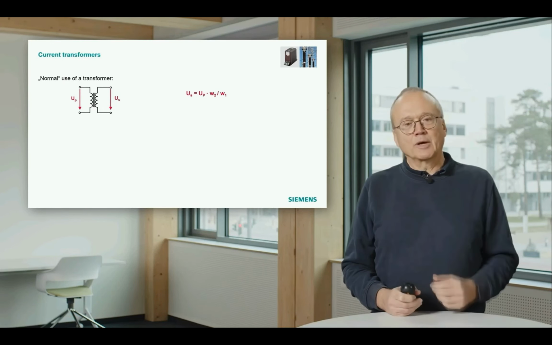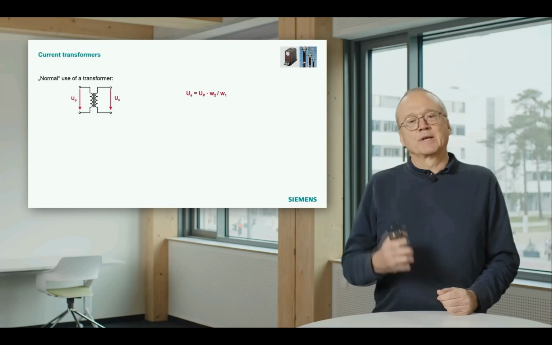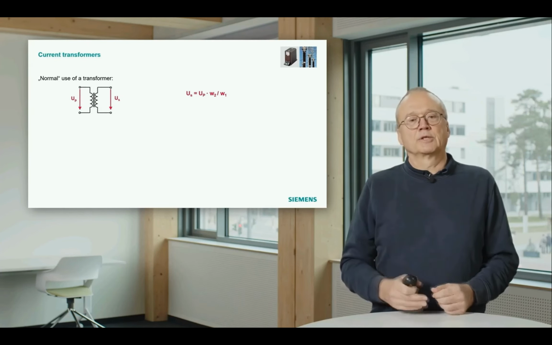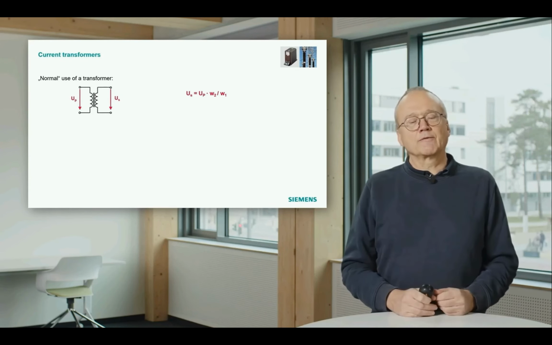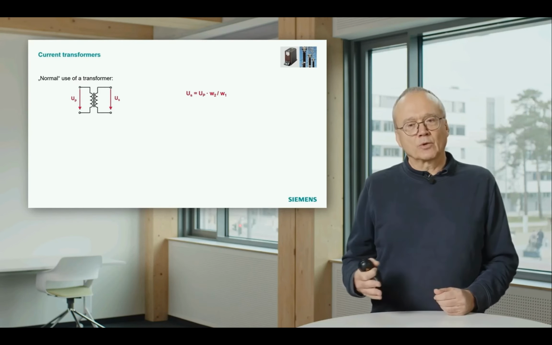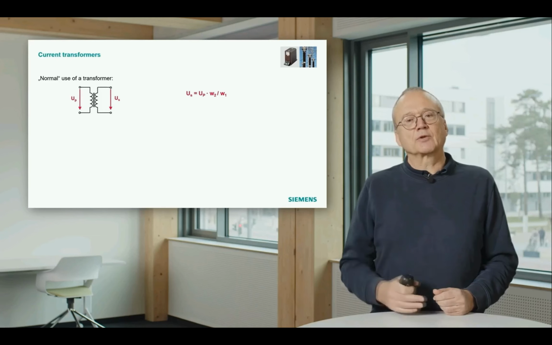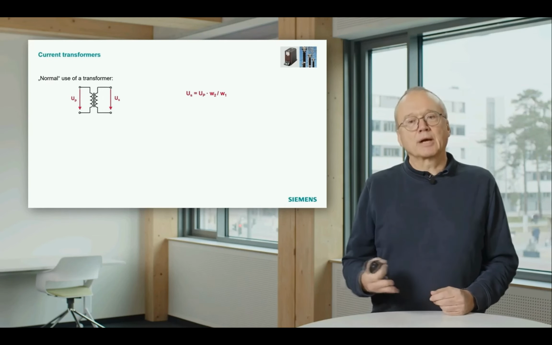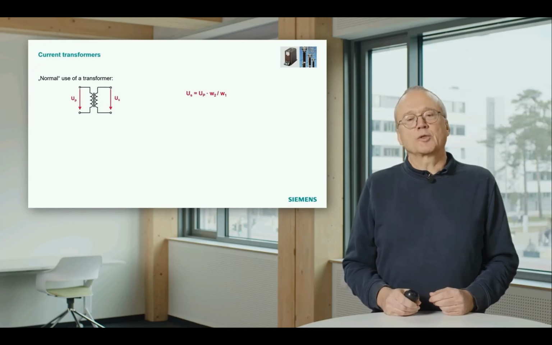You have a primary voltage and then it's transformed normally down to a secondary voltage with a certain ratio, and the secondary voltage can be calculated by multiplying the primary voltage with the winding ratio.